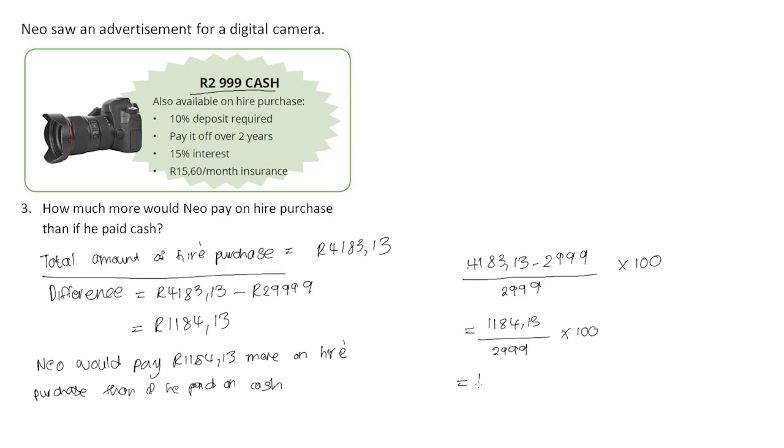And we are left with a value of 39.48%. Therefore, Neo would pay 39.48% more on hire purchase than if he paid with cash.